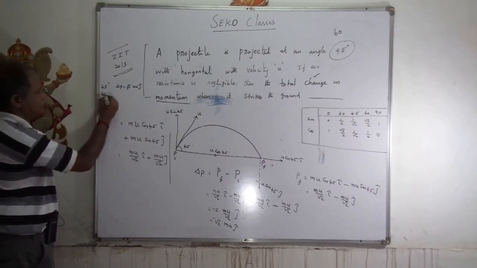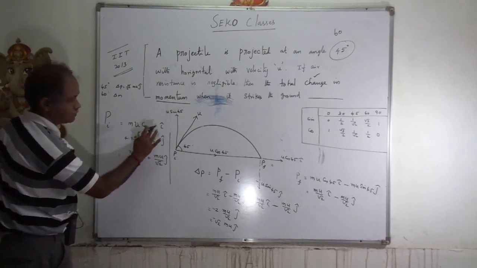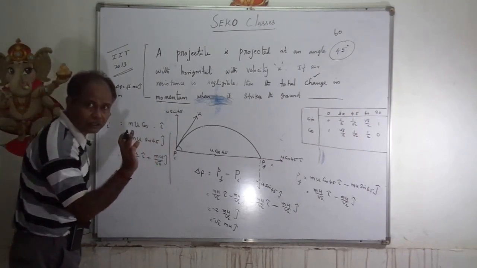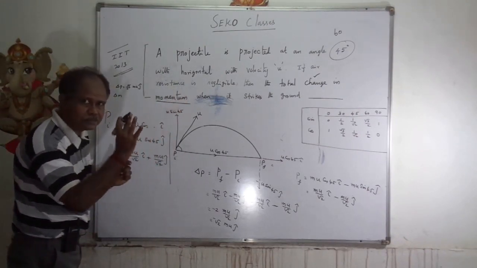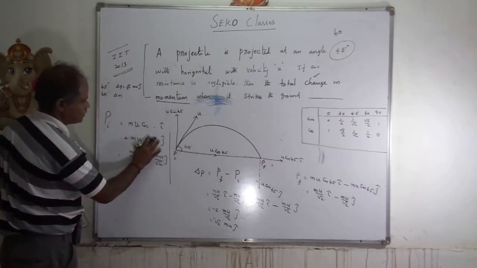Now you find the 60 degree. The change in momentum is what? Here I am changing this angle alone. The same problem, I change the angle alone. Let it be 60 degree. Here also 60 degree.